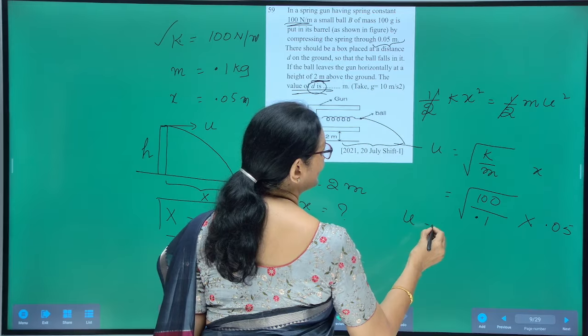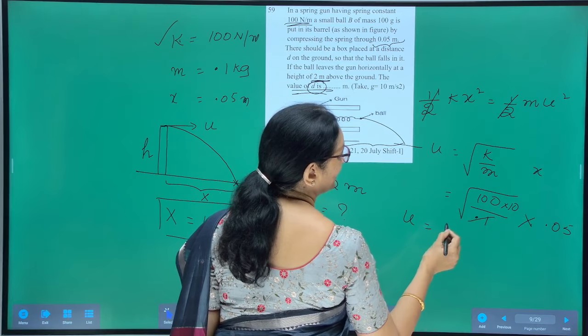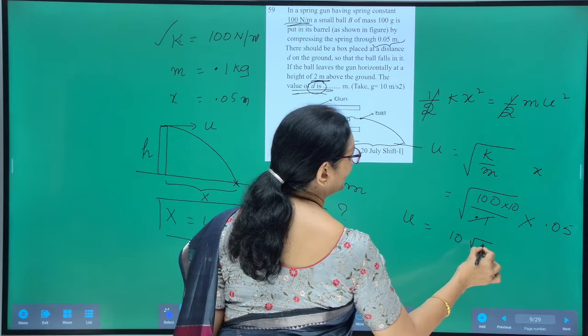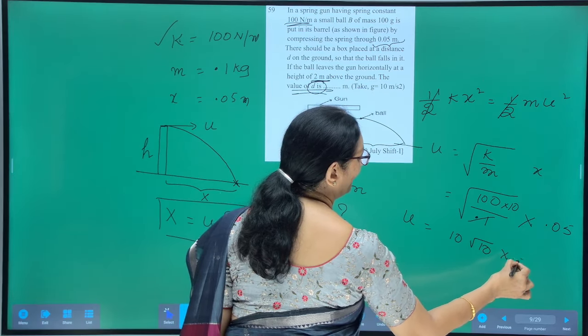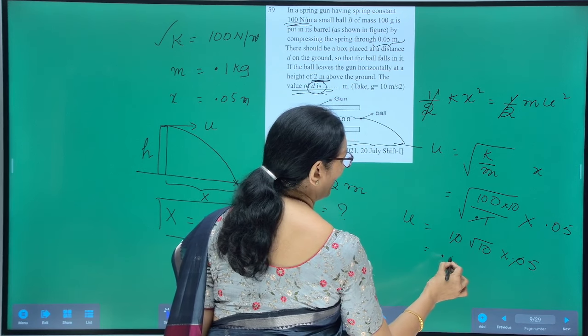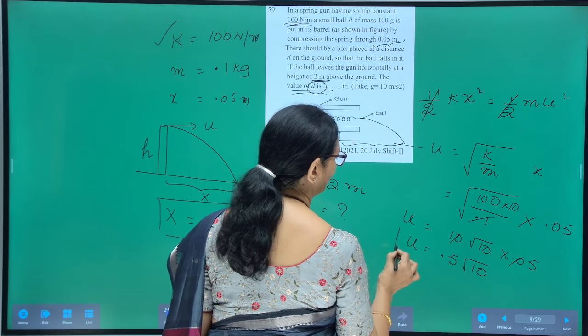So, u is equal to, this becomes 10, isn't it? So, here this is root 10 into 0.05. So, this is 0.5 root 10, that is u.